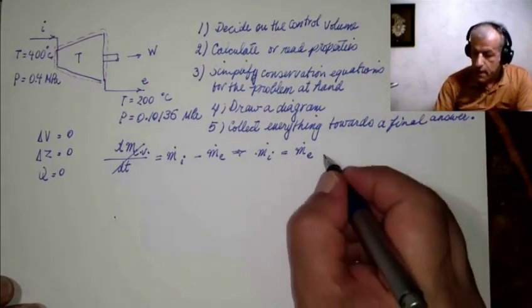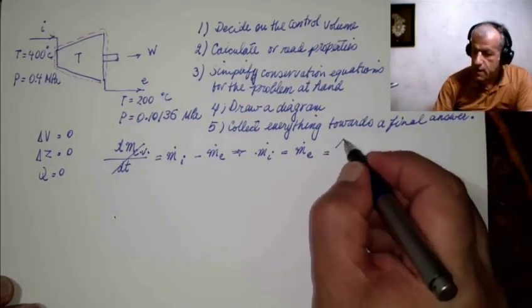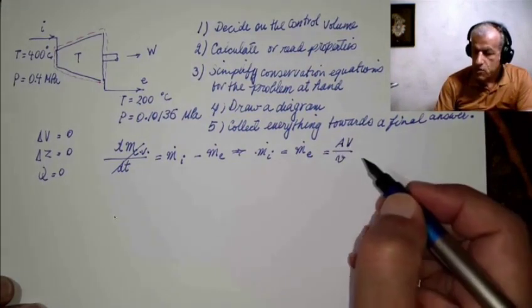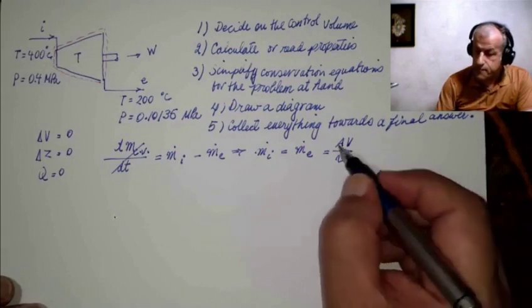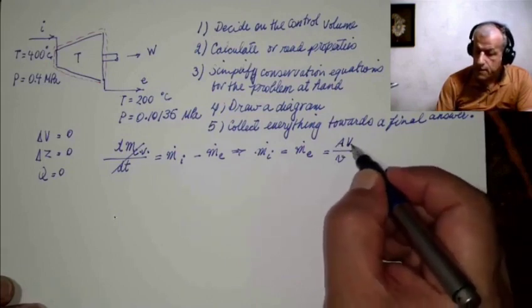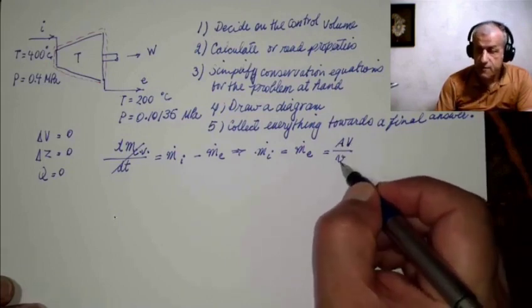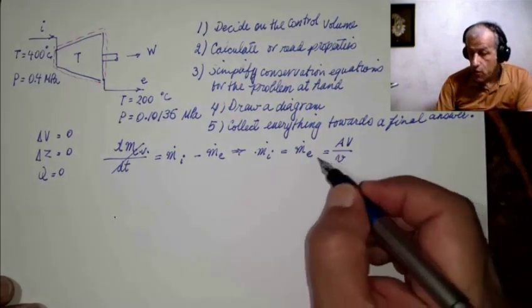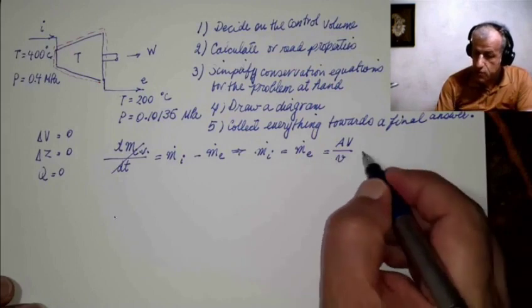And that equals A V over v, which is the area, velocity, and specific volume. This could be for the inlet or the exit. That's no problem.